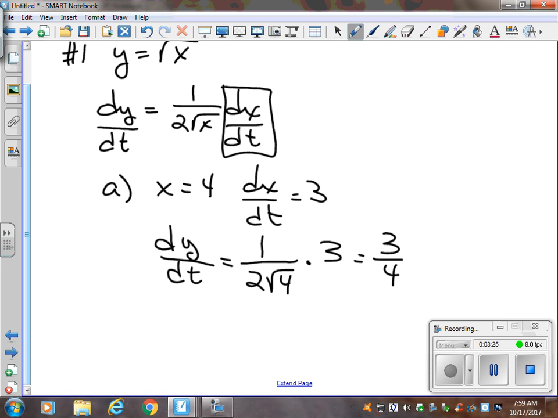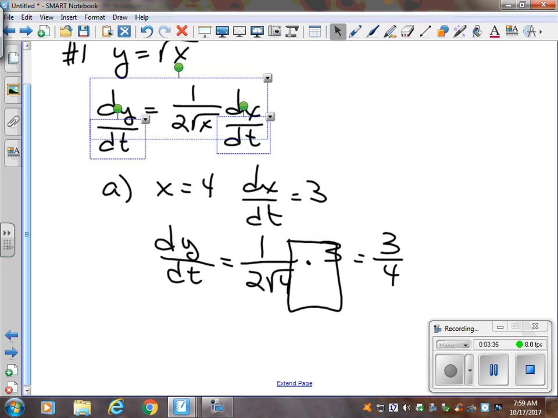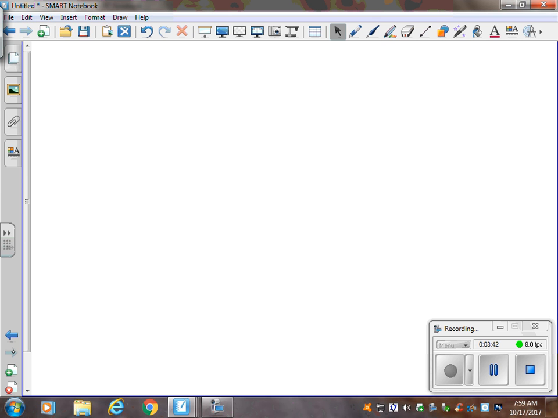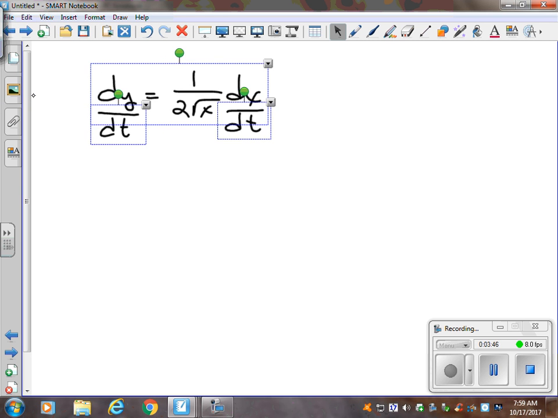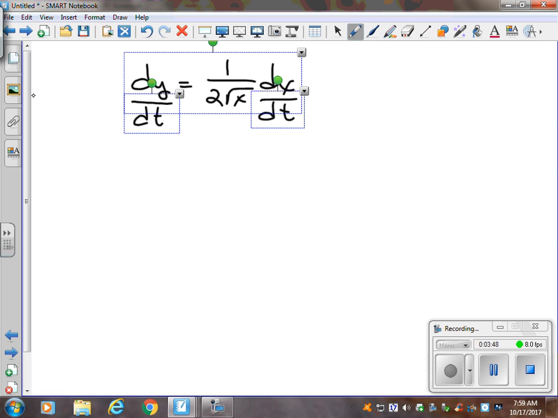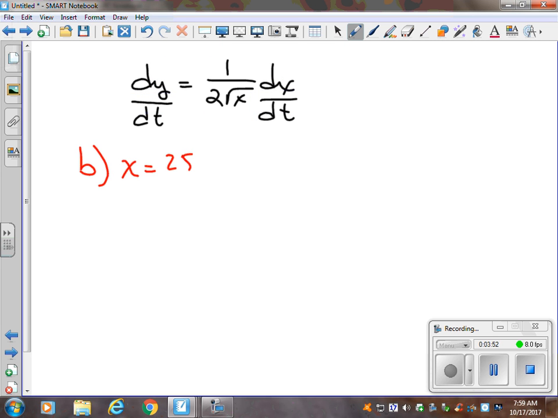Now let's look at another example when they give us something a little differently. Still going to be using this formula. So I'm going to copy it and take it with me. All right, so in part B, it says x equals 25 and dy over dt equals 2.